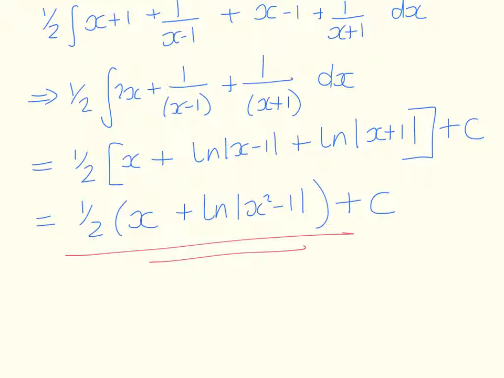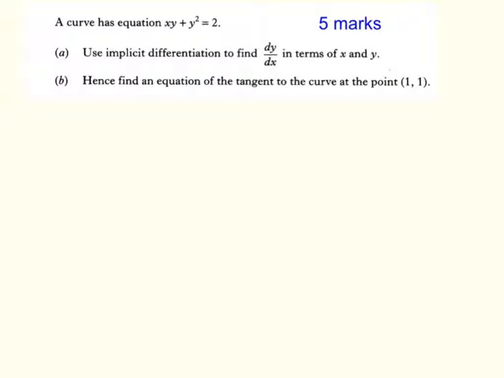Okay, question 2. We're asked here to use implicit differentiation to find the derivative in terms of x and y. This is our equation, and so we're just going to differentiate everything with respect to x. First thing we need to notice is this is a product. So let's just take this out and make u equal to x and v equal to y. U dash is then equal to 1 and v dash is equal to dy by dx.